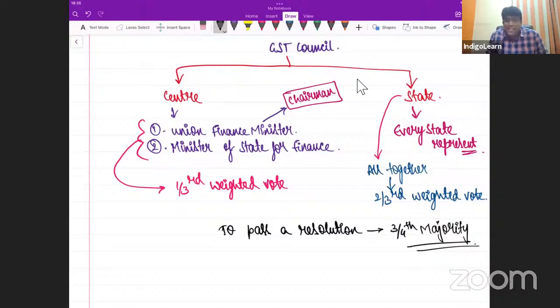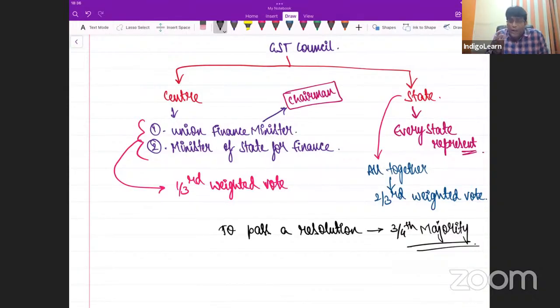If only the states say yes, 66.67% is done. But to pass any resolution, 75% majority should be there. So in short, the center alone or the states alone cannot take any decision. Both center and state together should join hands, and only then is it done.